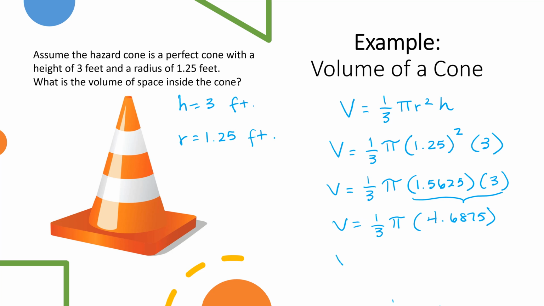And then we have V equals 4.6875 pi, all divided by 3. So 4.6875 divided by 3 is back to 1.5625 times 3.14.